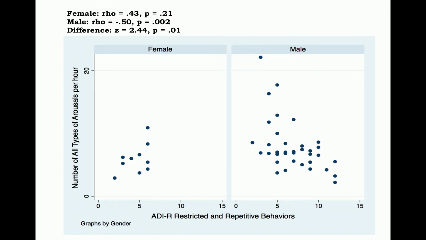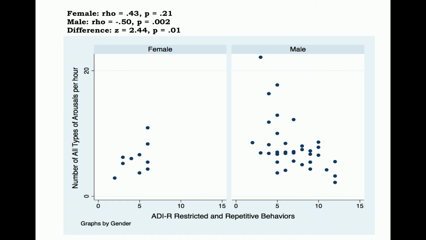When we then start to look at the relationship of these particular components of sleep with function, there, in fact, we found very, very few differences between males and females, with the exception, again, of our friend, the restrictive and repetitive behaviors. And it wasn't the oxygenation, or deoxygenation, that actually was associated.